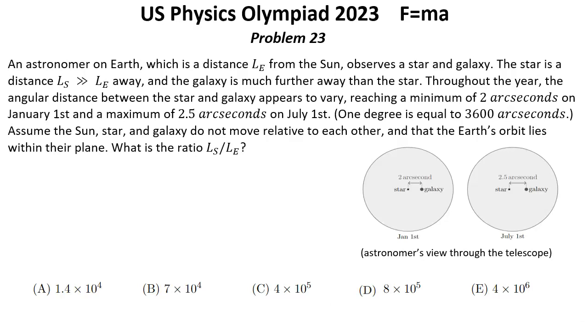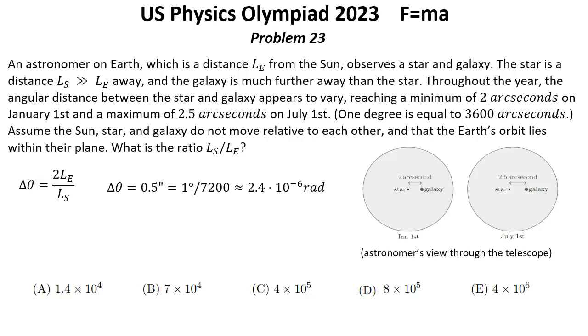Solution for problem number 23. The change in apparent position of the star is due to parallax. Using the small angle approximation, we have delta theta equal 2Le over Ls, where delta theta equals the difference between 2.5 and 2 arcseconds, which is 0.5 arcseconds, which is 1 degree over 7,200, or about 2.4 multiplied by 10 to the power negative 6 radians.